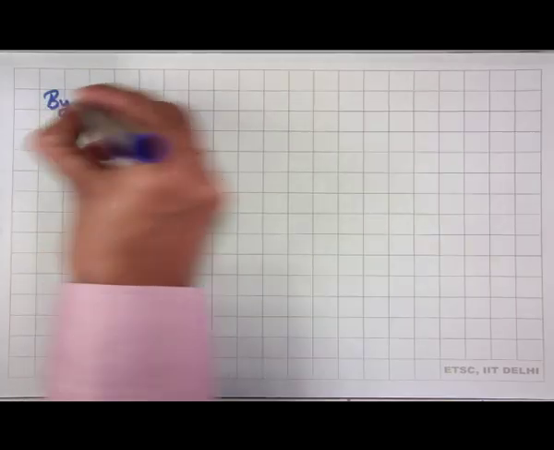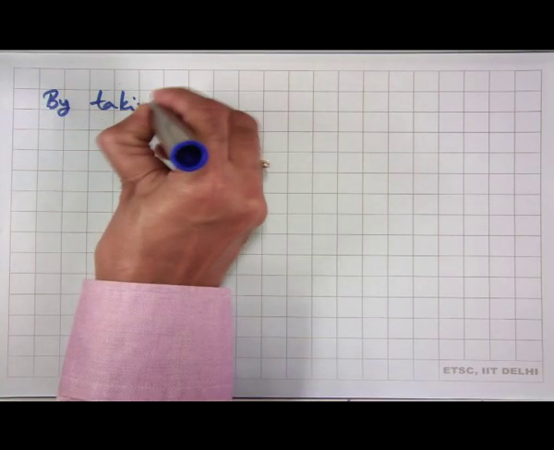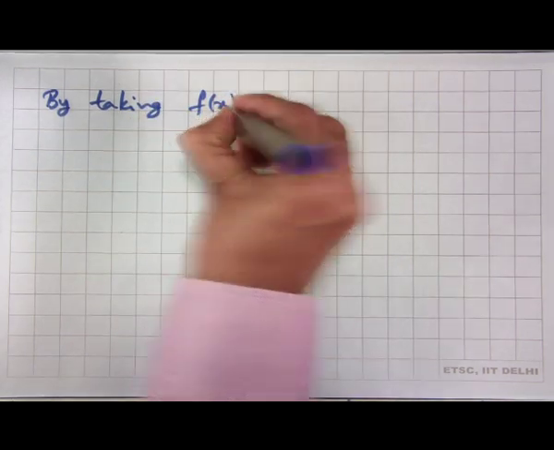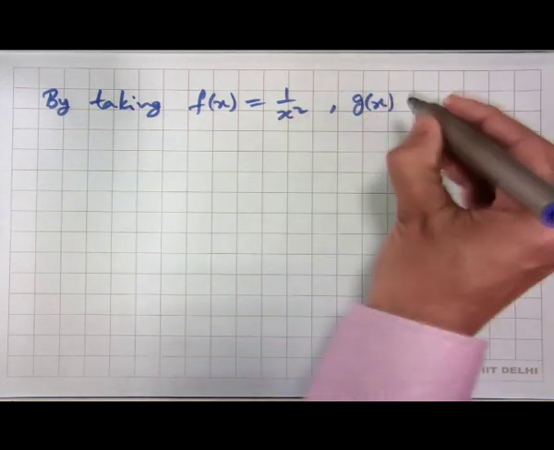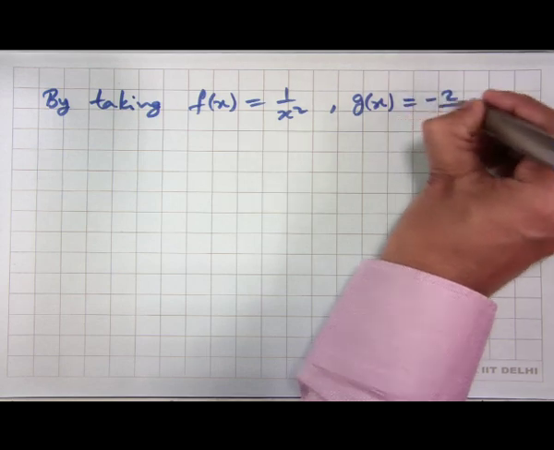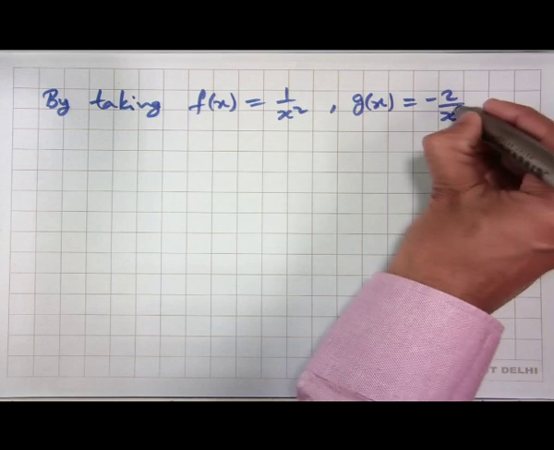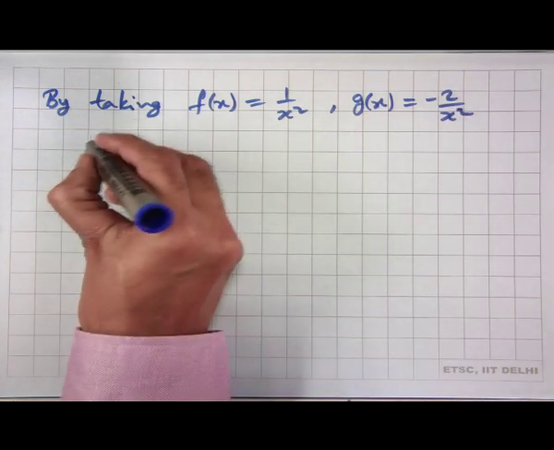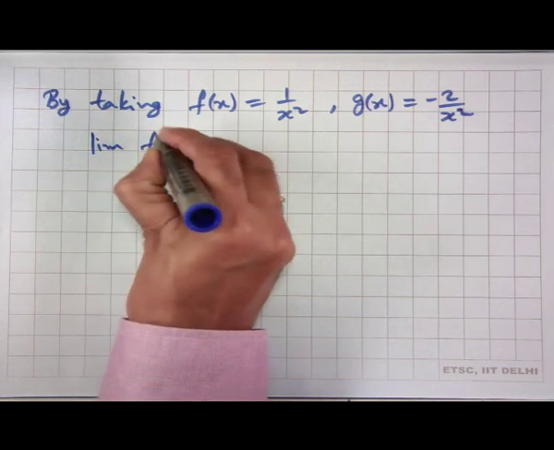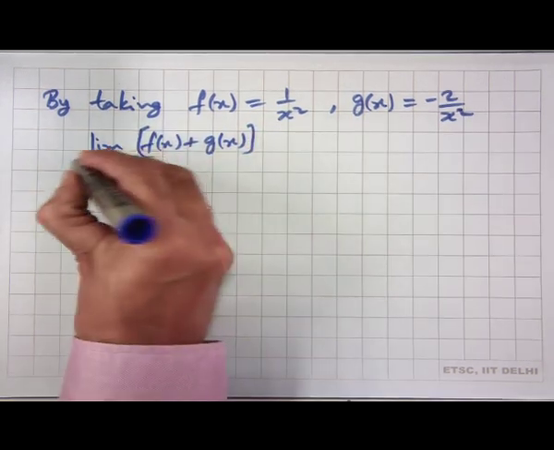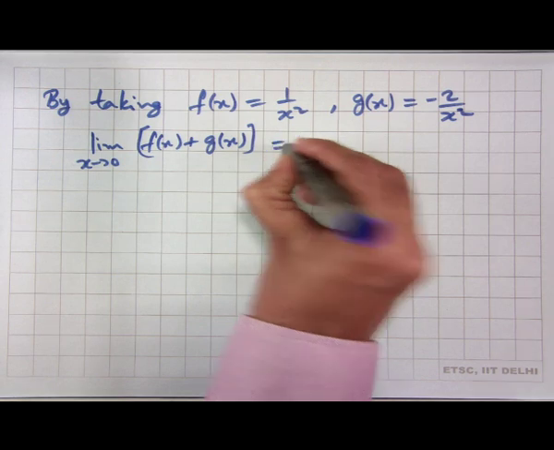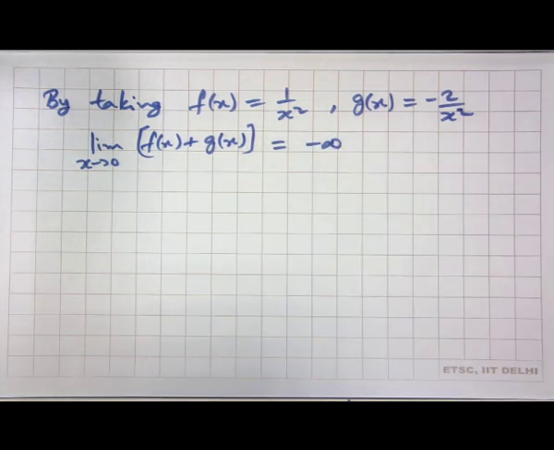And similarly, if we take f(x) equal to 1 by x square and g(x) equal to minus 2 by x square, the limit of f(x) plus g(x) becomes minus infinity, because here f(x) plus g(x) is minus 1 by x square.